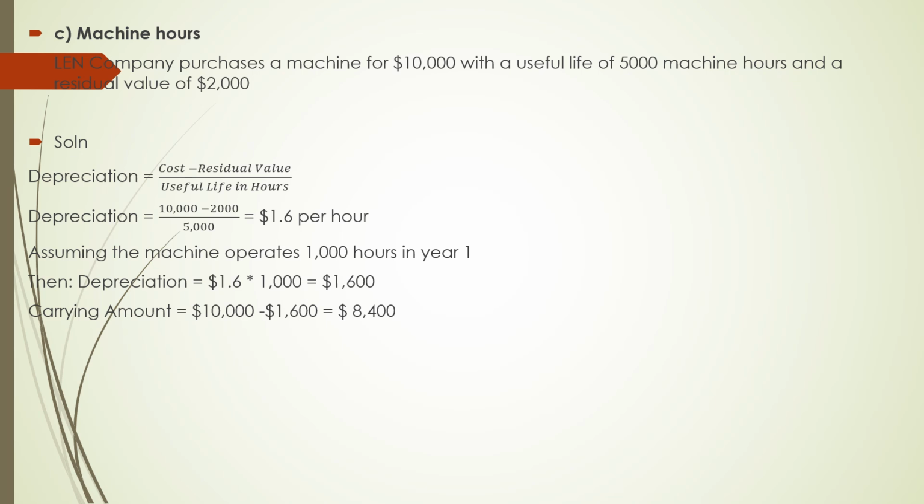$1.60 per machine hour. So we are looking for per unit, okay, per unit. So it means that each hour will cost 1.6. That's what it means. So we are assuming that within the year we operate 1,000 hours for year one, okay? So in order for us to get the monetary value of the 1,000 hours, we will multiply the $1.60 by the 1,000 hours, which will give us the total value of $1,600.